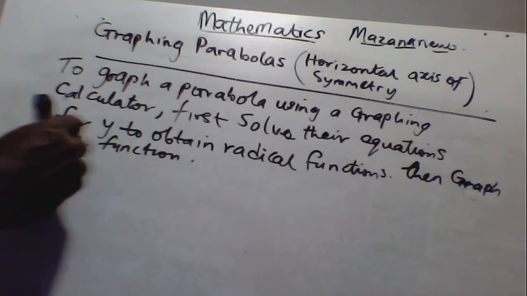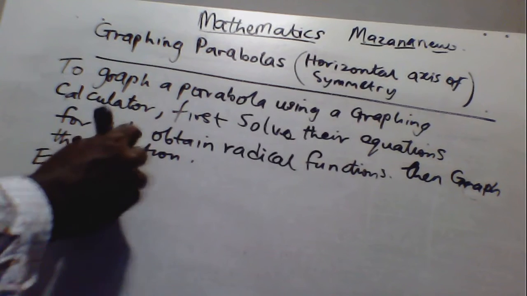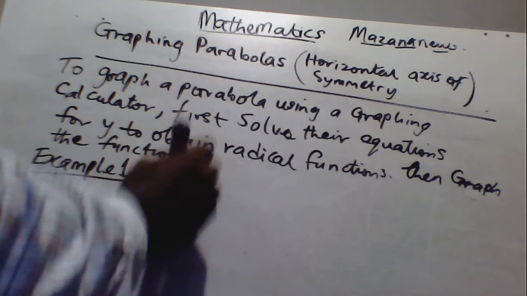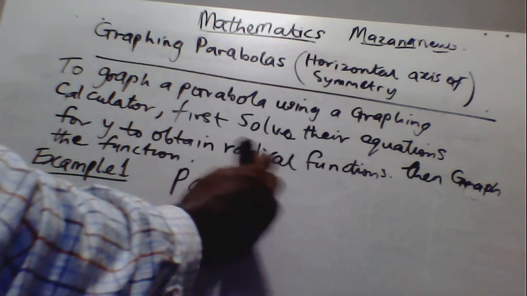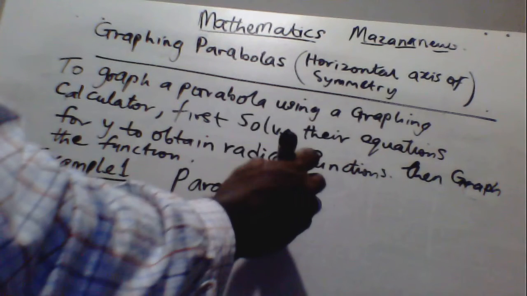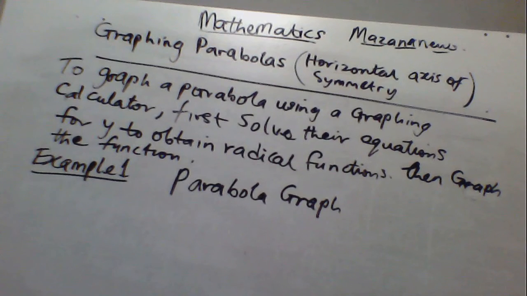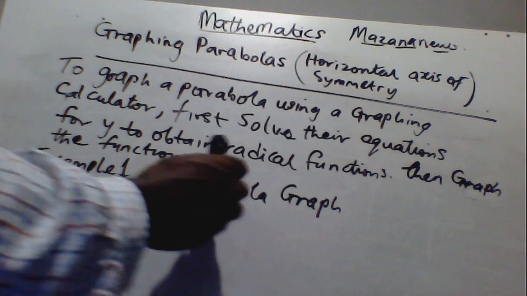Example 1, parabola graph. I hope you are following. To graph a parabola using a graphing calculator, first solve the equation for y to obtain radical functions, then graph the function. So we are talking of parabola graph.